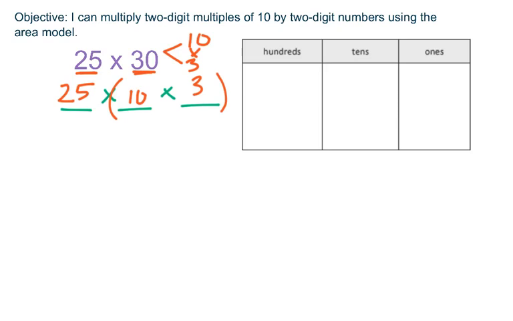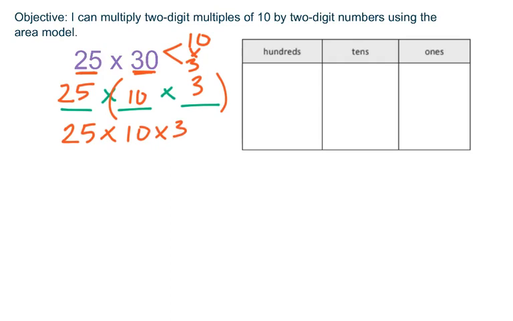If you recall from yesterday, we talked about the associative property, which means in a multiplication problem, I can take my brackets, which tell me what I multiply first, and move them around, because no matter what order I do things in, I'm going to get the same answer so long as I complete each of the steps. So in this case, I'm going to rewrite my problem, 25 times 10 times 3.